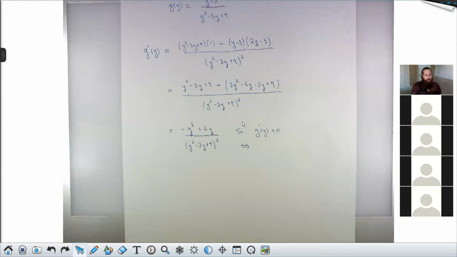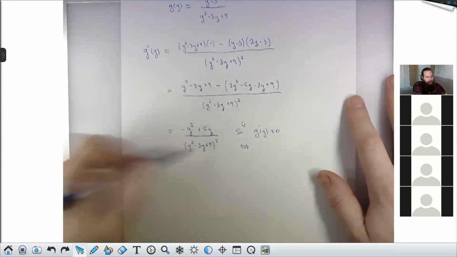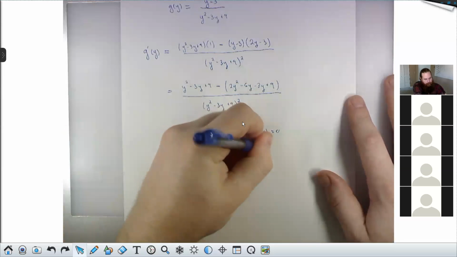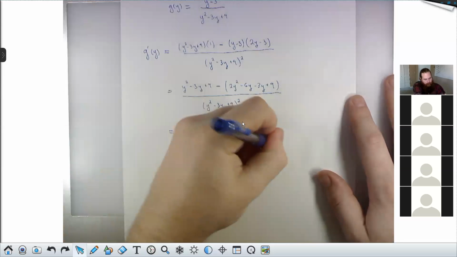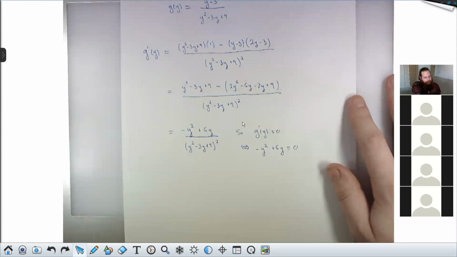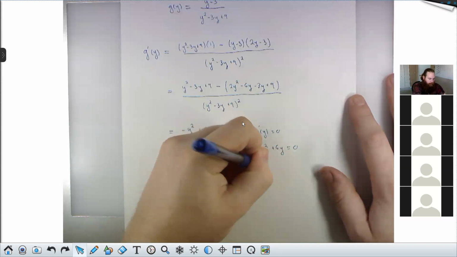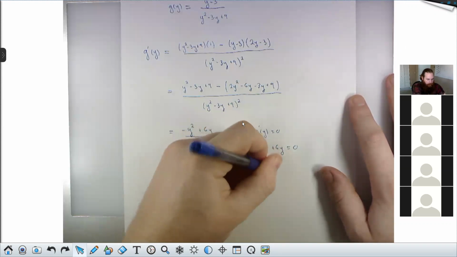I set the top to 0, right? This big fraction will be 0 if the top is 0 and the bottom is not. I can factor a y, or even a negative y if I want to.